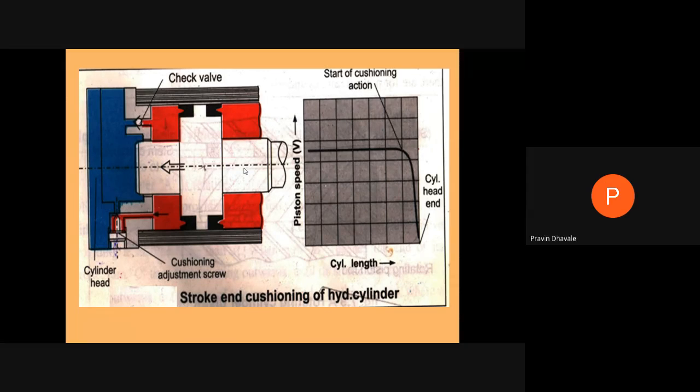Then this diagram is related to the cushioning effect of the hydraulic cylinder, because during the return stroke of the piston within a hydraulic cylinder, it has a certain velocity, and it will create an impact on the cylinder end side or cylinder head.